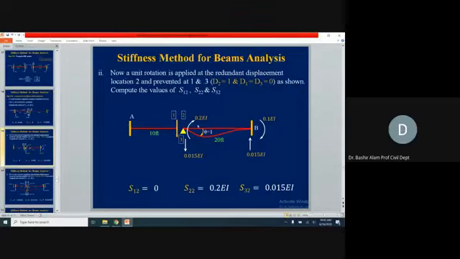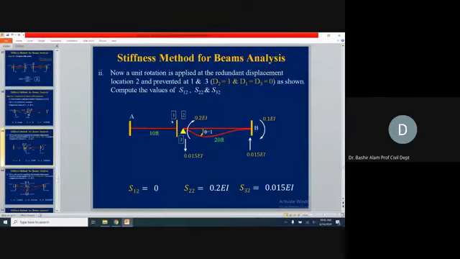So this will become 4 EI divided by L. L is 20 instead of 10. So 4 divided by 20 is 0.2 EI. Far end is half of this, and this is the balancing couple. This will generate the second column of the stiffness matrix, which will be S at 1 due to 2, 2 due to 2, and 3 due to 2.